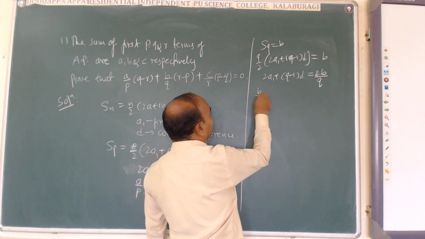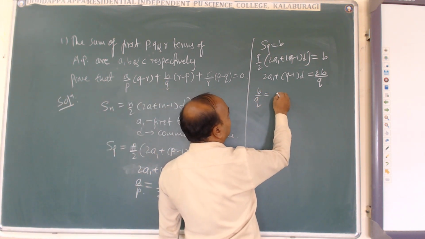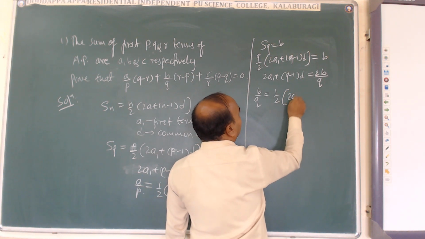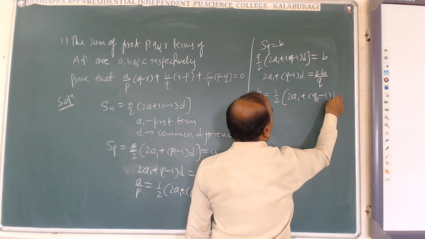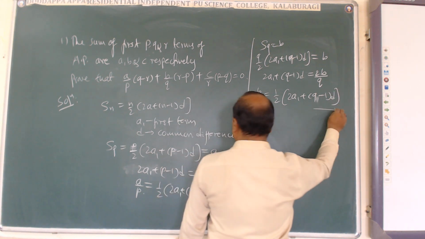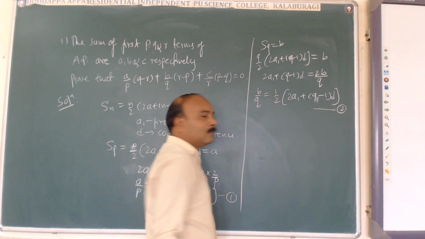So B by Q is 1 by 2 times (2A1 plus (Q minus 1) into D). Call this equation number 2.